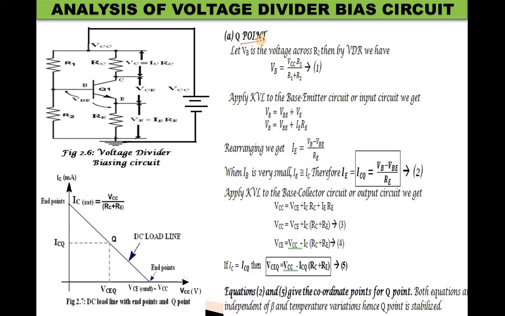When I need to derive for Q point, I should first start with the input. Let me know what is the voltage across this. This voltage will be called by different names: VR2, VB, V2. Any one name we can call, but the most preferable name is VB because this is the voltage drop across base. And this is VBE, the voltage drop across base and emitter due to forward bias.